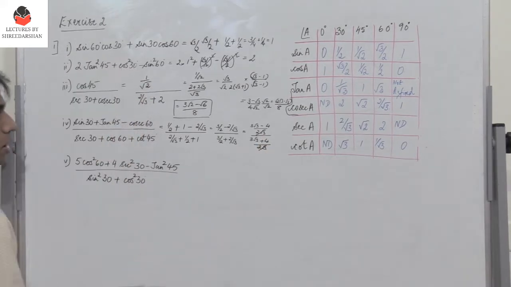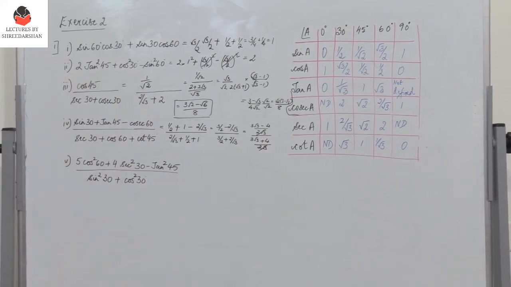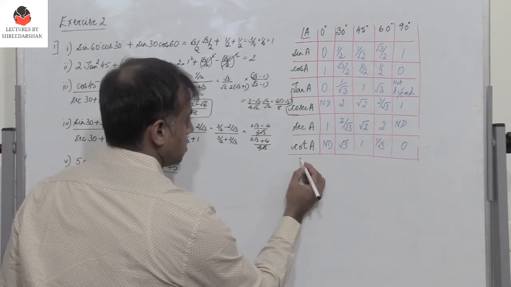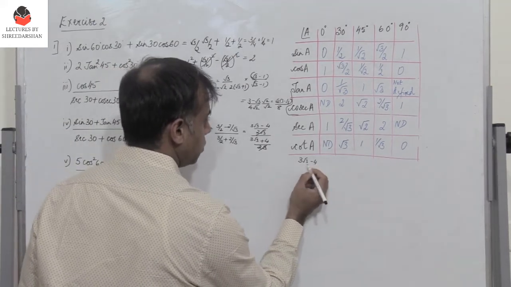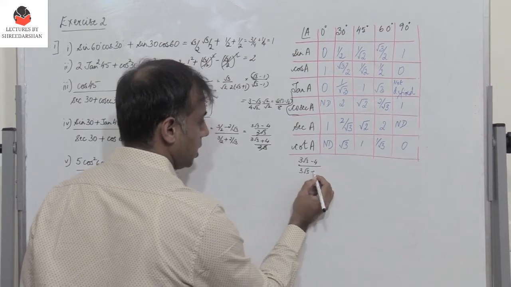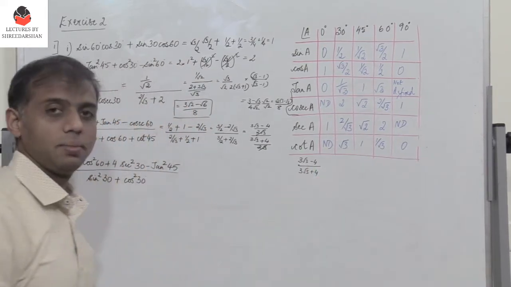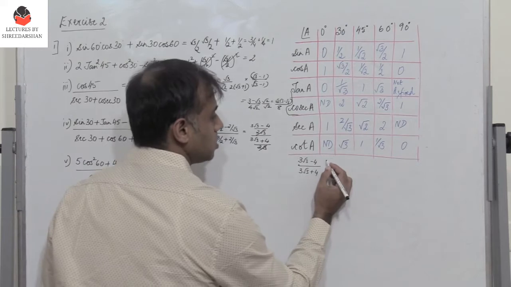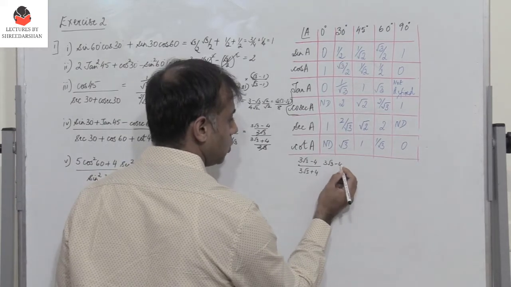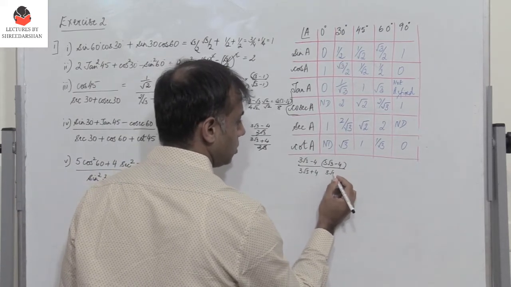So both the denominators can be cancelled. So I get 3 root 3 minus 4 divided by 3 root 3 plus 4, right? So if I want to rationalize this, I multiply and divide by 3 root 3 minus 4.